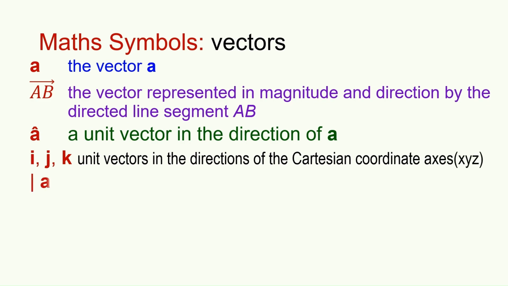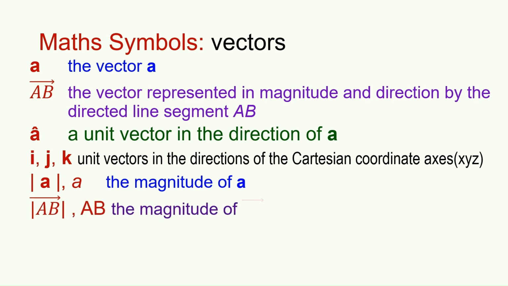Modulus of a: denotes the magnitude of the vector a. Modulus of AB: the magnitude of vector AB.